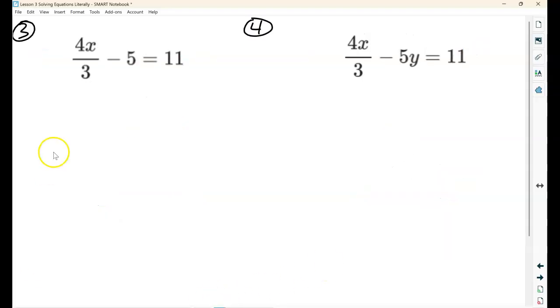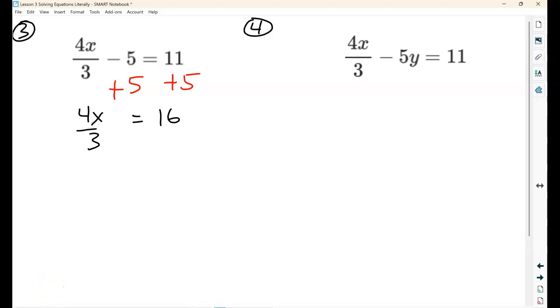Here we got 4x divided by 3 minus 5 equals 11. We're going to do the opposite of subtracting 5, which is adding 5, on both sides. So 11 plus 5 is going to be 16.